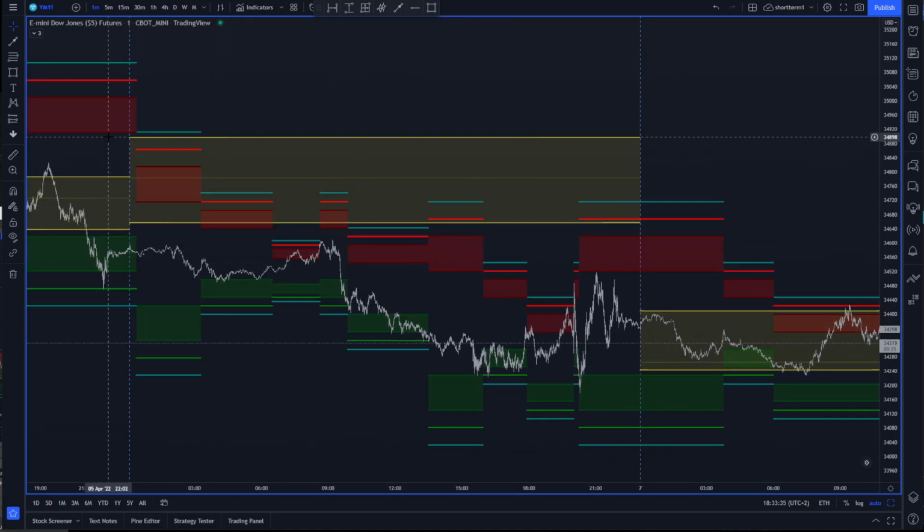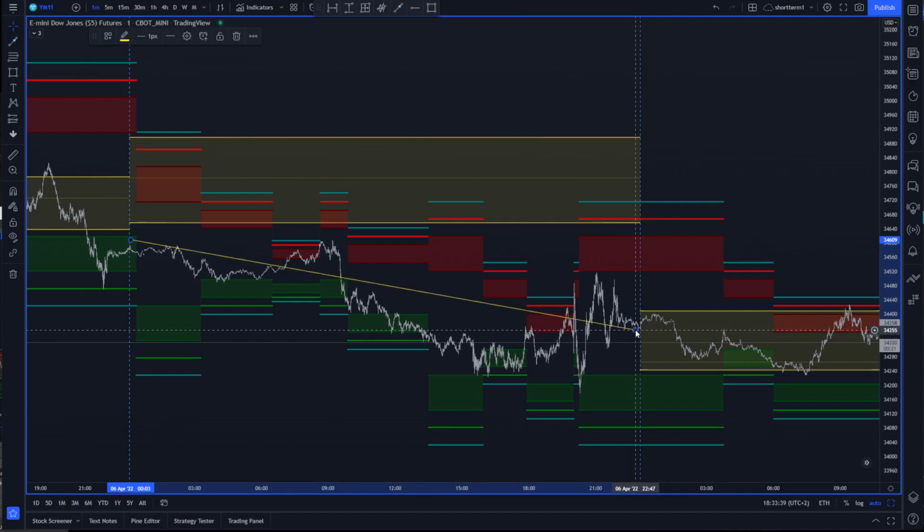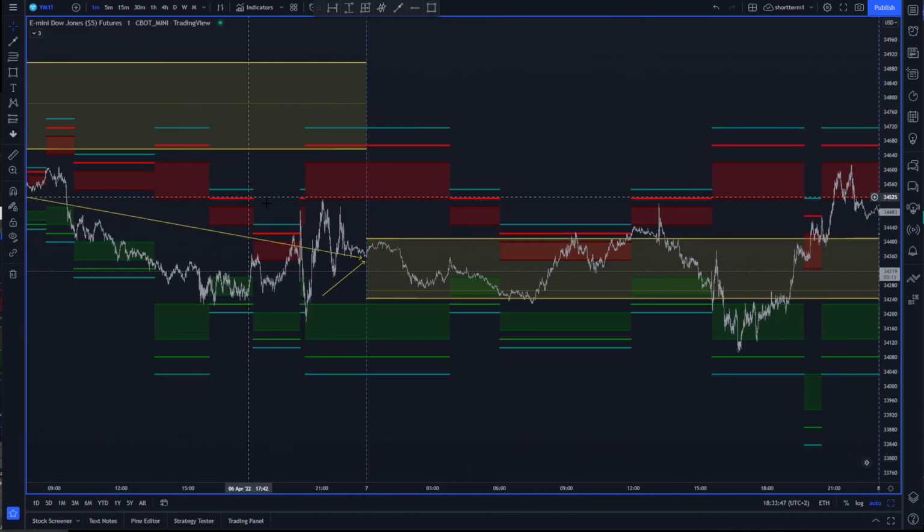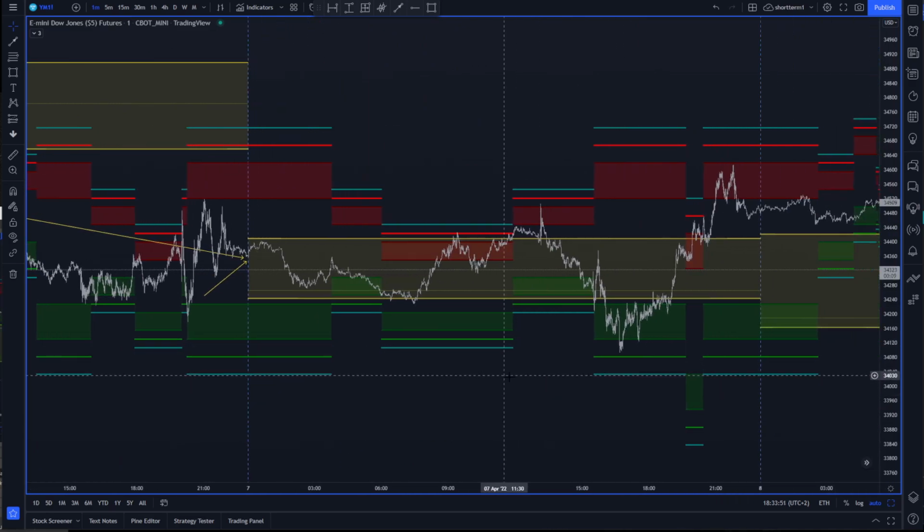Okay, so here you have the down day, but the price closes inside of the value. So you're looking to go long, right? And here, as you can see, oh no, this is not the one I was talking about. But it's a good setup.